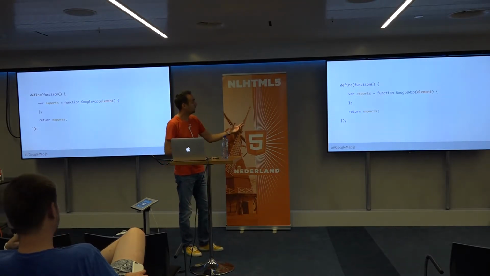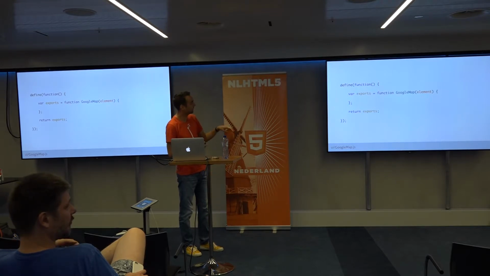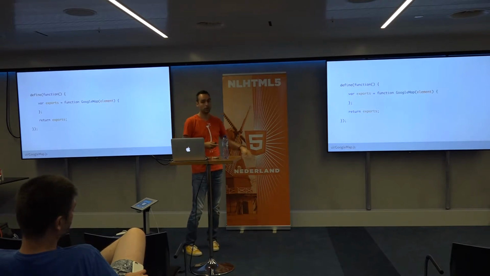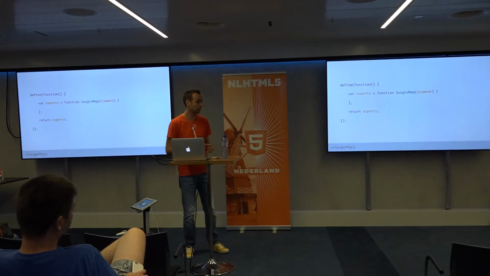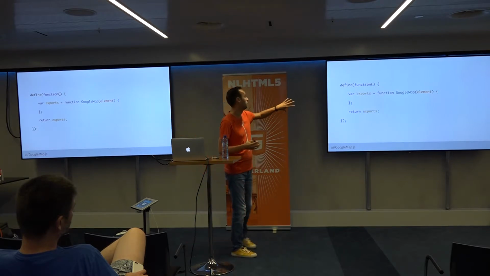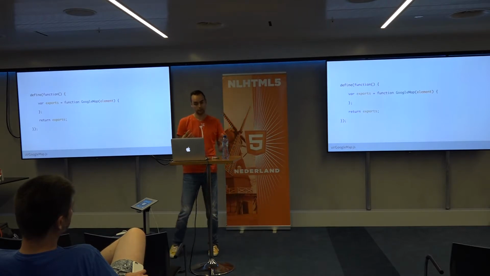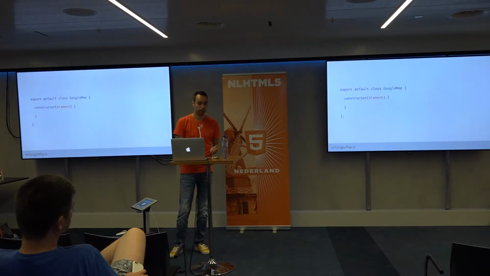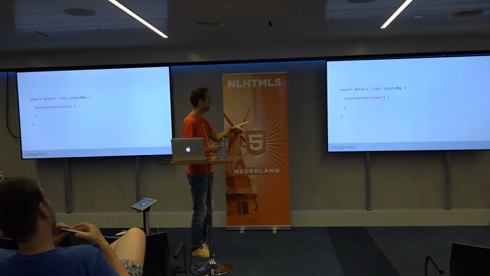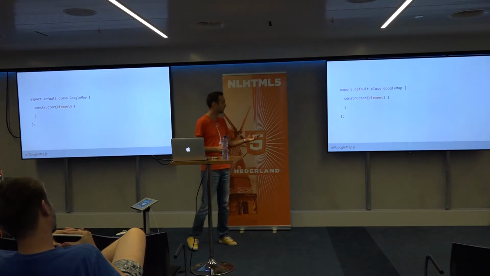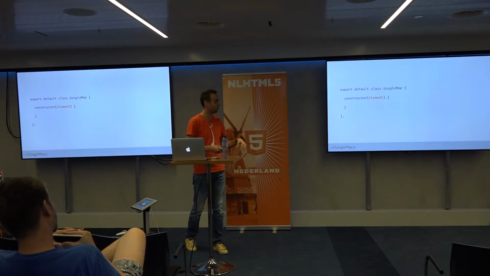So it looks a lot like the self-executing function, but instead of the var Google Map at the top, it now has a define statement, which means that this function now is loaded in probably RequireJS, and it stays inside RequireJS, and it doesn't pollute the global scope. If you're into ES6, then you can also write ES6 modules, and conditioner can deal with those as well. But you'll probably have to use System.js to load these modules.